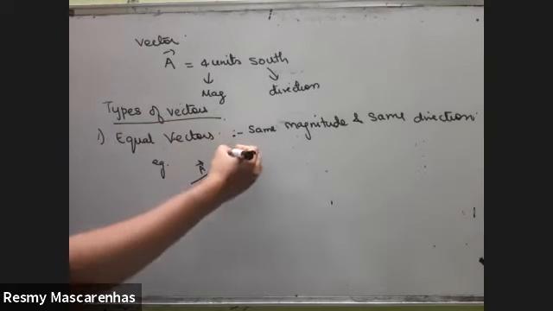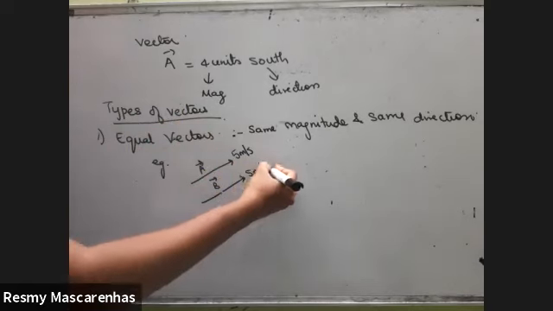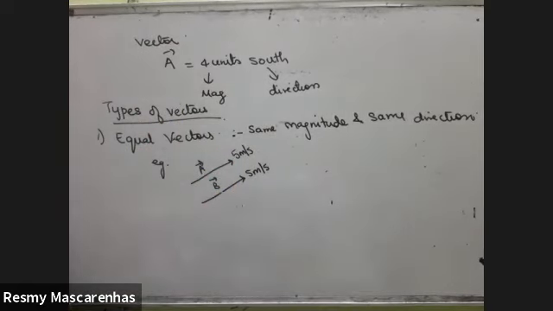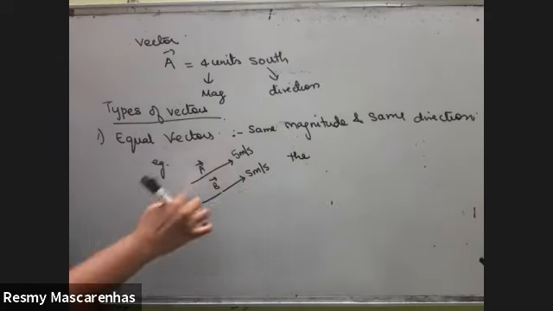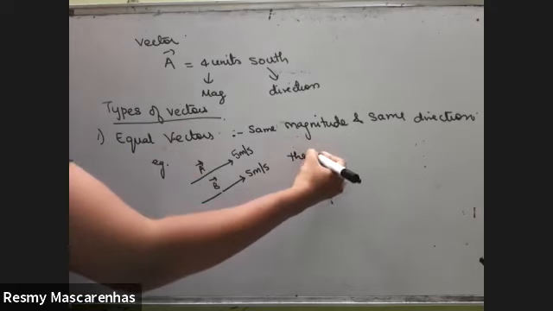If this is 5 meters per second, this one is also going at 5 meters per second, and they're both going in the same direction, then they are equal.